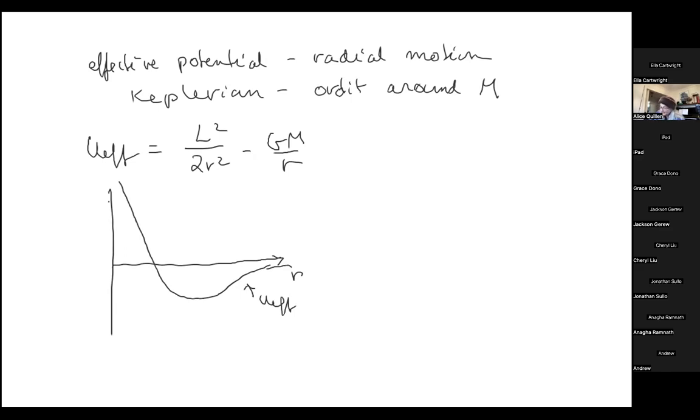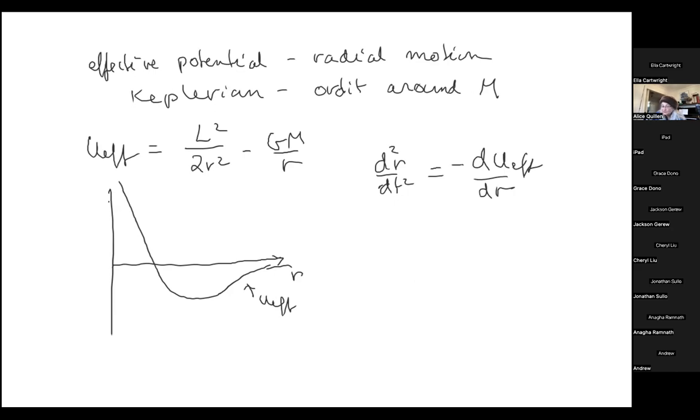And this effective potential tells you the equation of motion for the radius: d squared r over dt squared is equal to minus dU effective over dr.